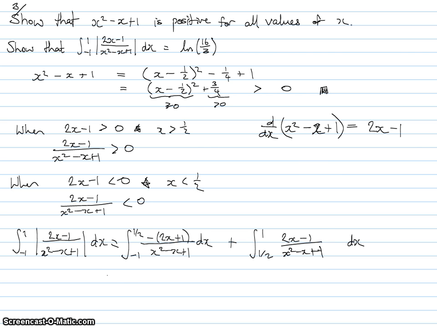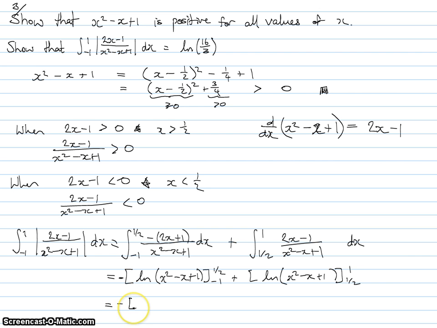And now I know how to integrate both of these expressions, because it's f prime of x over f of x. I'm going to use ln. So this minus sign, I'm going to bring out the front, and we're going to get ln of (x squared minus x plus 1) between -1 and a half, plus ln of (x squared minus x plus 1) between a half and 1. What does that give us? Well, we just substitute some values in here.